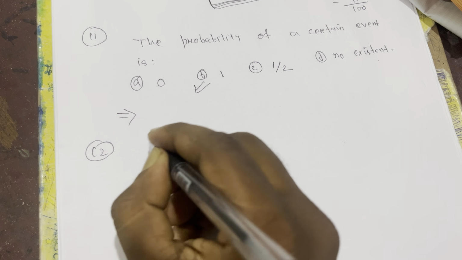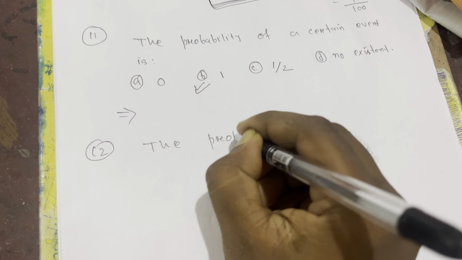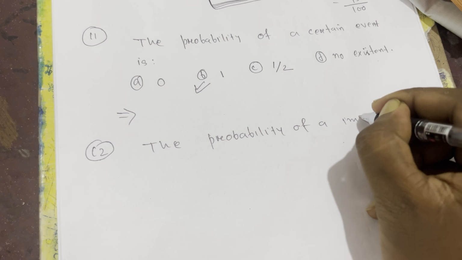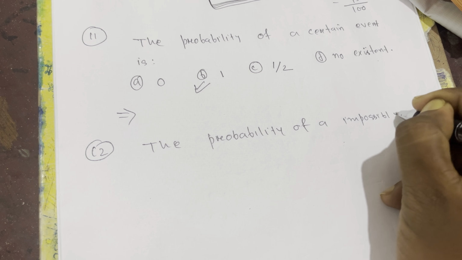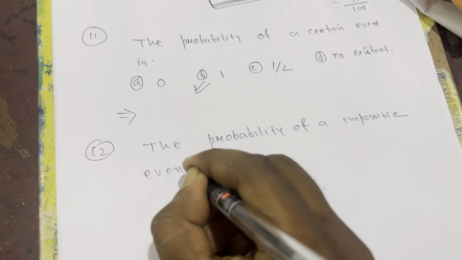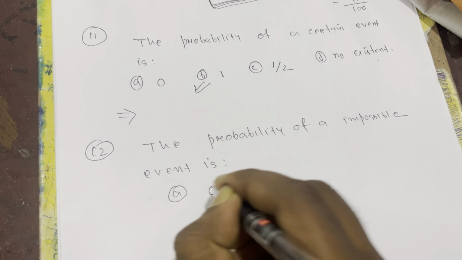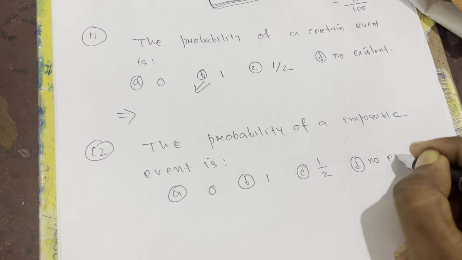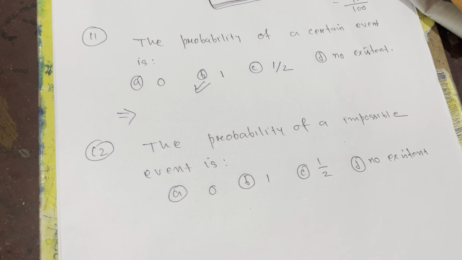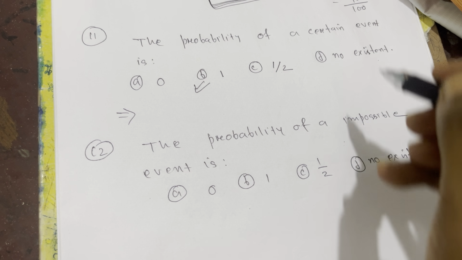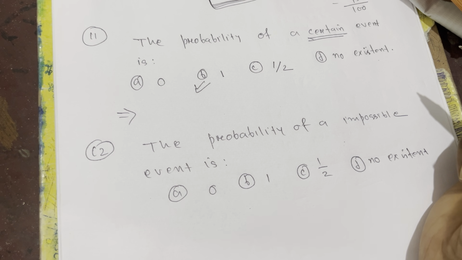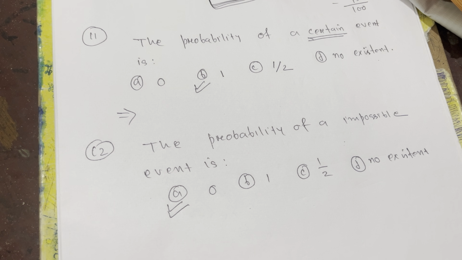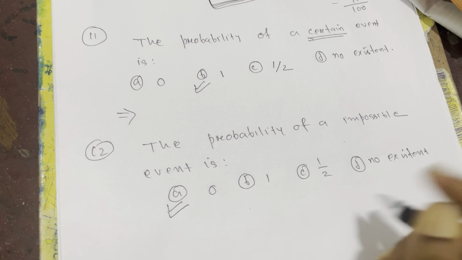And you should remember this question also: the probability of an impossible event. Certain means the answer will always be 1. And the probability of an impossible event is 0. Okay, so remember these two. Okay. Thank you.